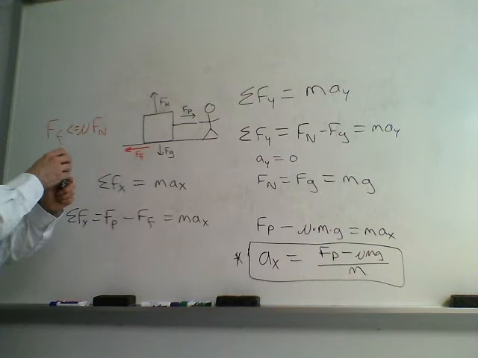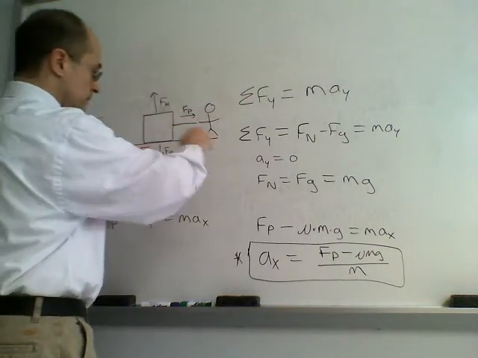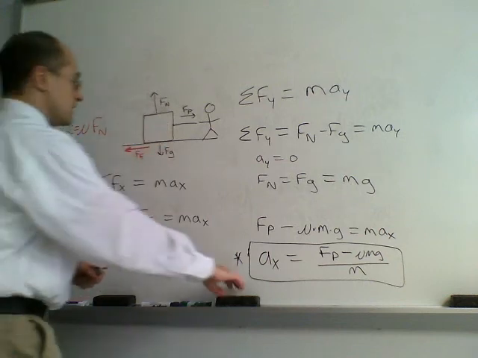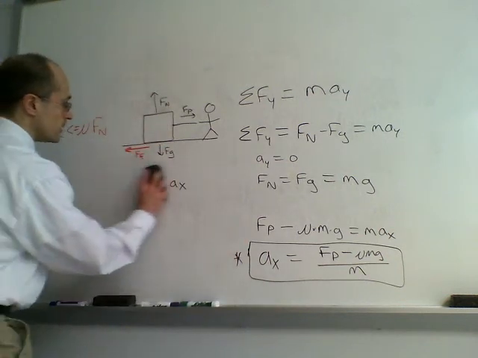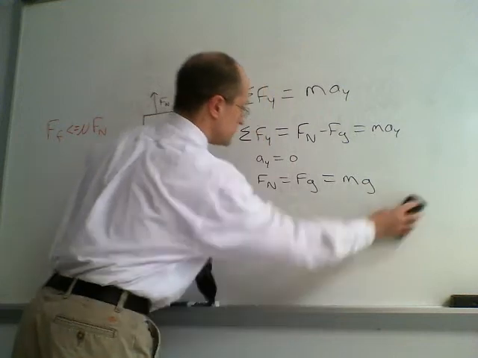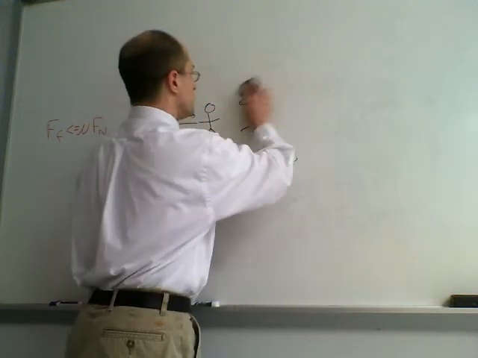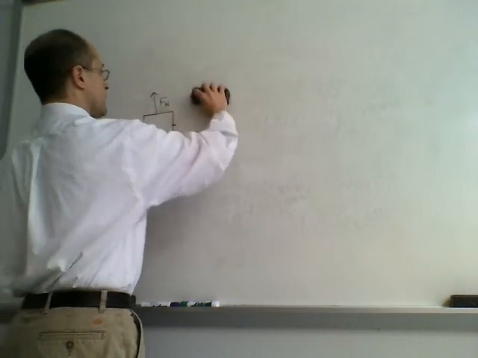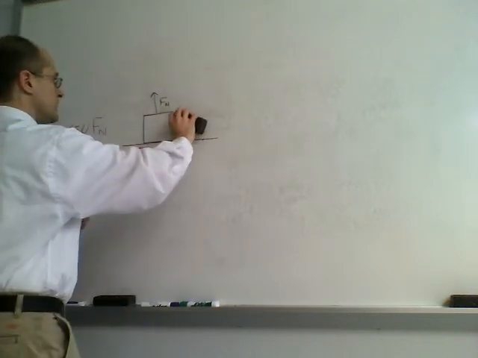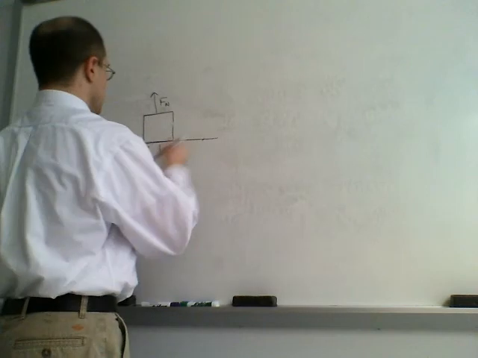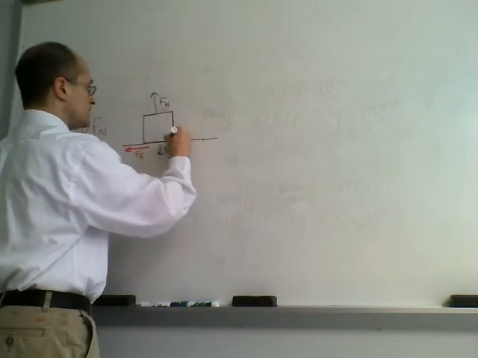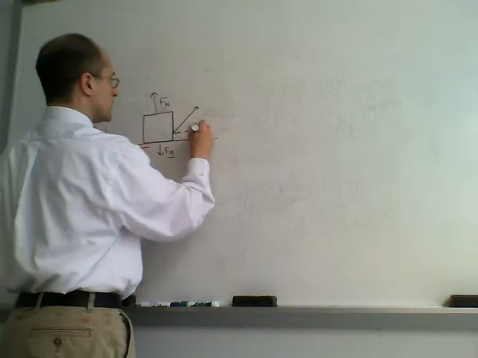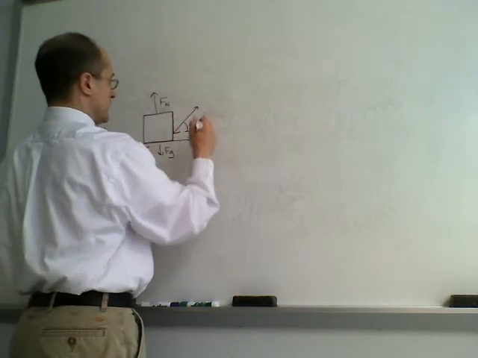So this was our pull when it was horizontal to the surface. Now we want to look again at this friction force, but we want to change the condition so that instead of attaching our rope to the middle, we're pulling up at some angle theta.